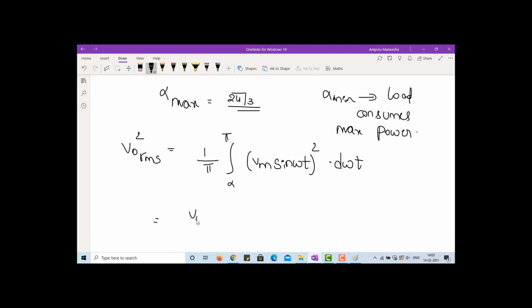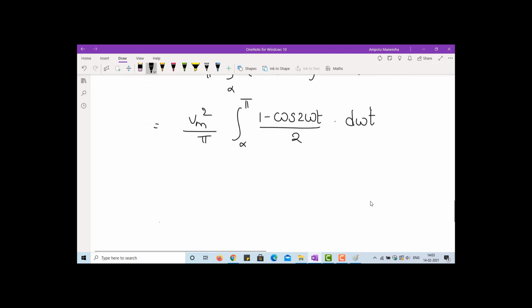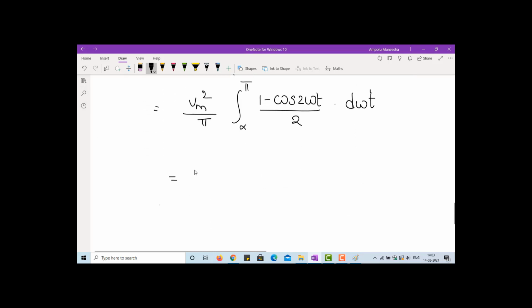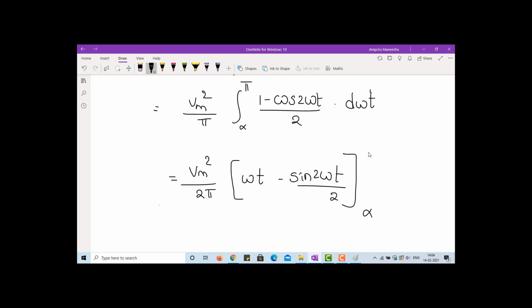Again, Vm square we will take out by pi. Sin square means it is 1 minus cos 2 omega t by 2, so 1 minus cos 2 omega t by 2 into d omega t. If we further simplify this expression, we will get Vm square by 2 pi. Integration of 1 is omega t, integration of cos is sin 2 omega t by 2, with limits alpha to pi.